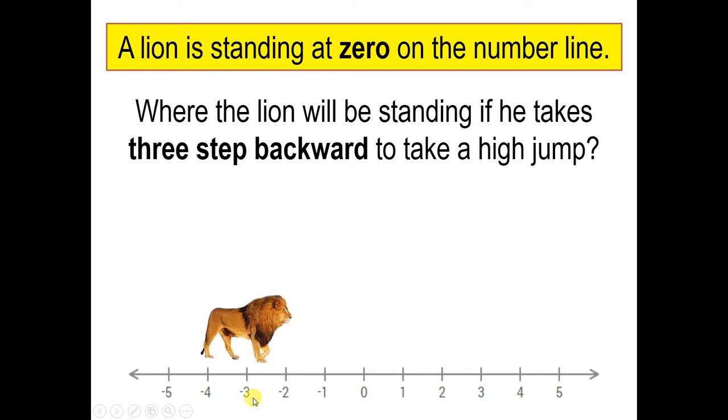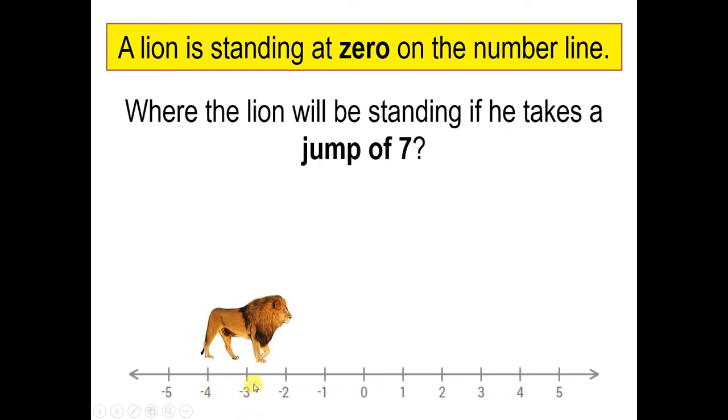It will be standing here at 0. Am I right? No, I am wrong. He is not standing at 3. He is standing at negative 3. This is negative 3 because the line was standing on 0 and he has taken 3 steps backward from 0. So it should be somewhere on the left side of 0, and this is a negative integer.